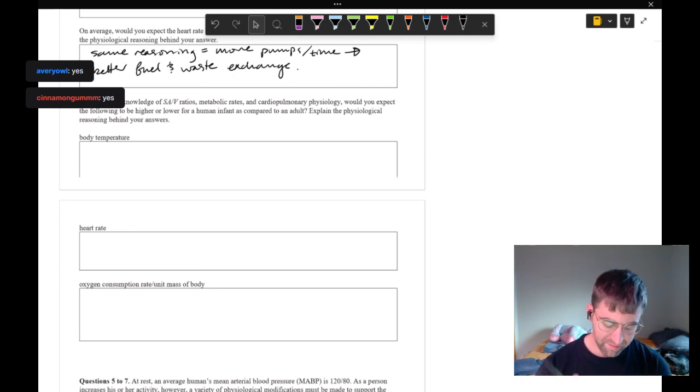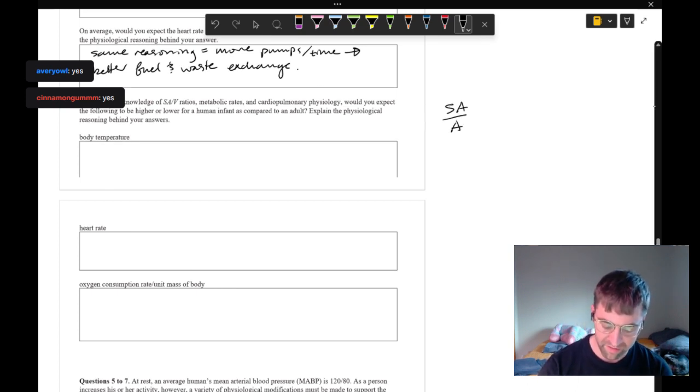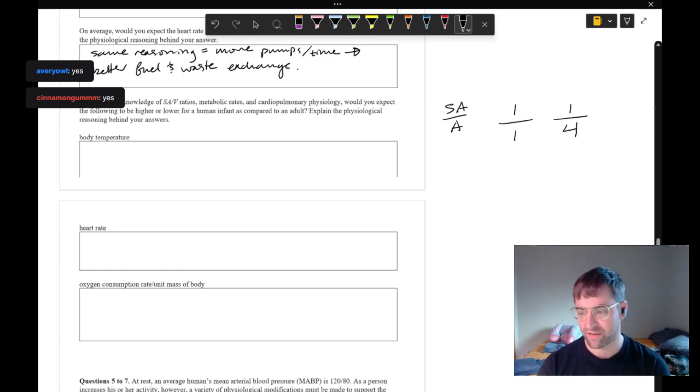There's a very simple quantitative way to represent this, right? And surface area per volume is what we're talking about. For a similar amount of surface area, 1 to 1, right? If I have a lot more area, 1/4 is objectively smaller than 1, right?